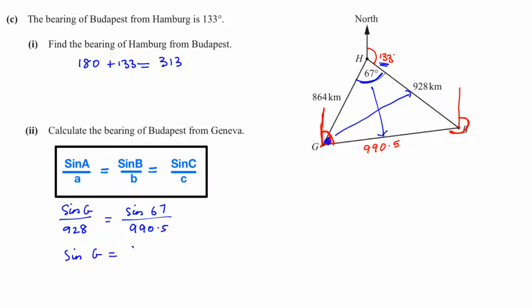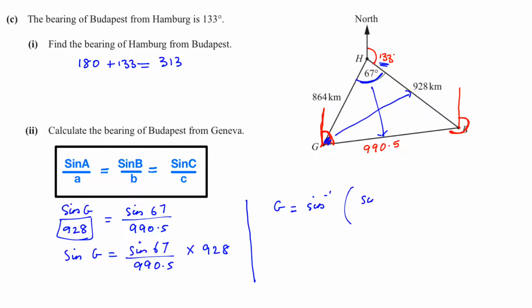Sine G is equal to sine 67 over 990.5. This here is a divide, so when I bring it here, it will be a multiply. No need to calculate at this stage. You want to find the angle, so we will move the sine to the other side and it will become sine inverse.